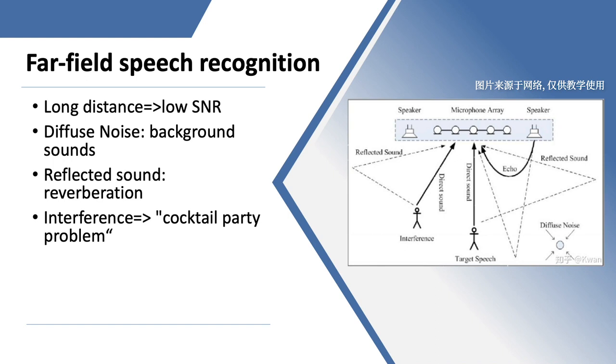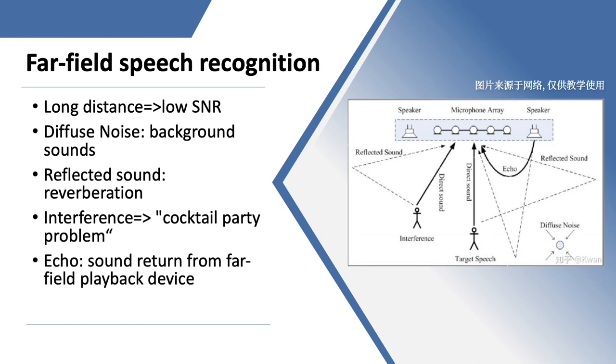In addition, there is echo interference caused by the returning sound from the far-field playback device. Far-field speech recognition needs to solve this problem by means of the techniques of speech enhancement and speech separation to extract or separate the targeted speech efficiently.